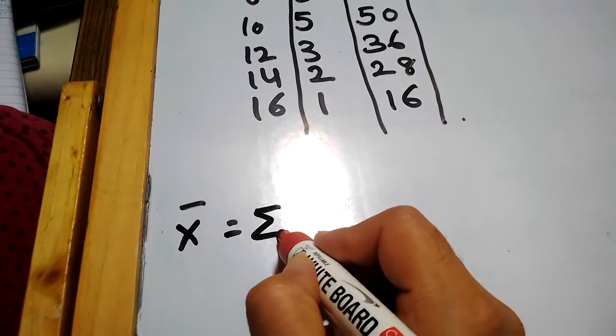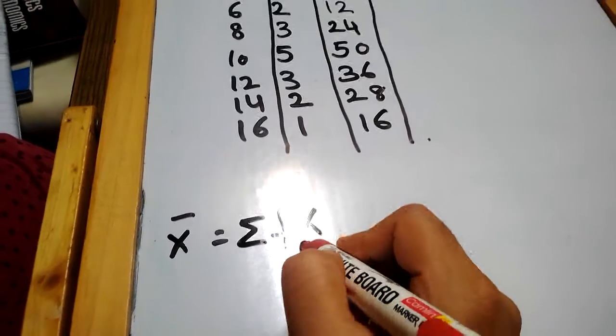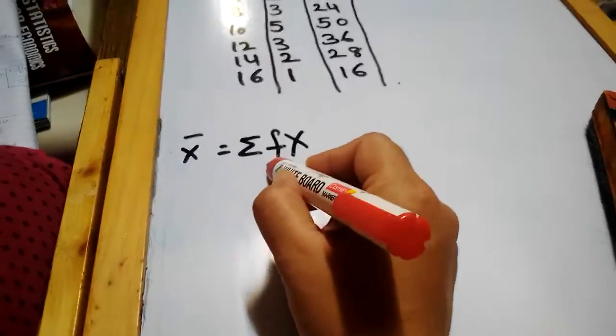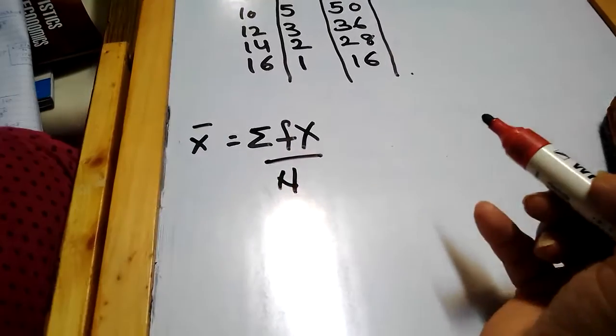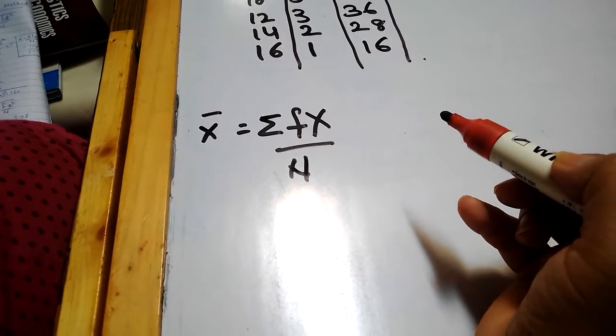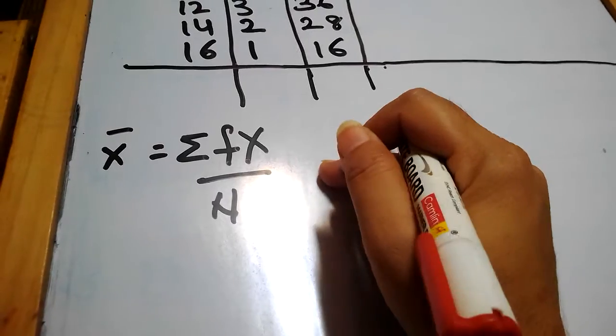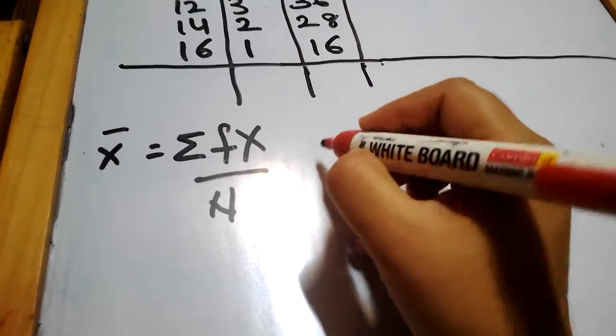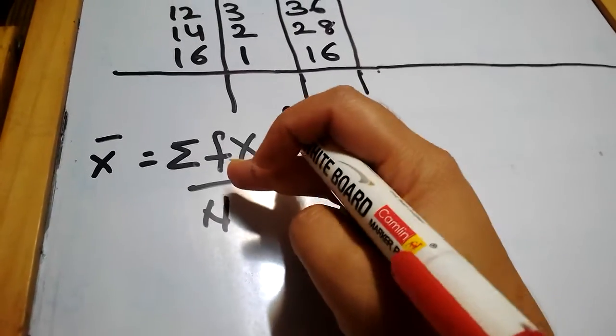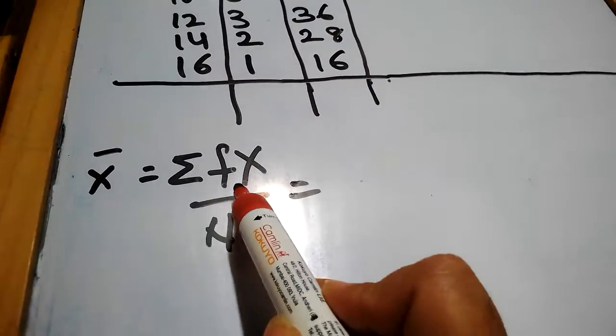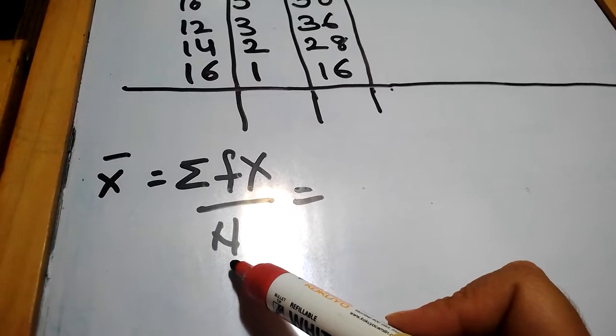The formula for mean is summation fx divided by n. So to calculate x bar, we have to take summation f capital X divided by n.